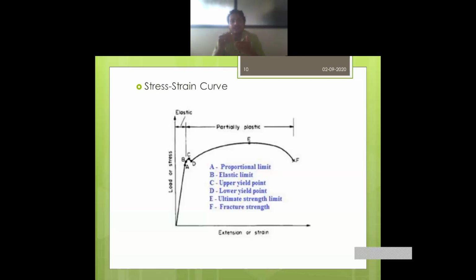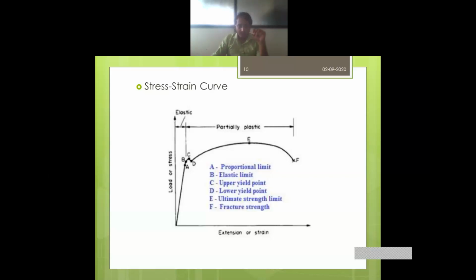We will increase the load from time to time. When I increase the load, the tension in the member will keep on gradually increasing. So it starts elongating gradually. That phenomenon we can study from the graph.